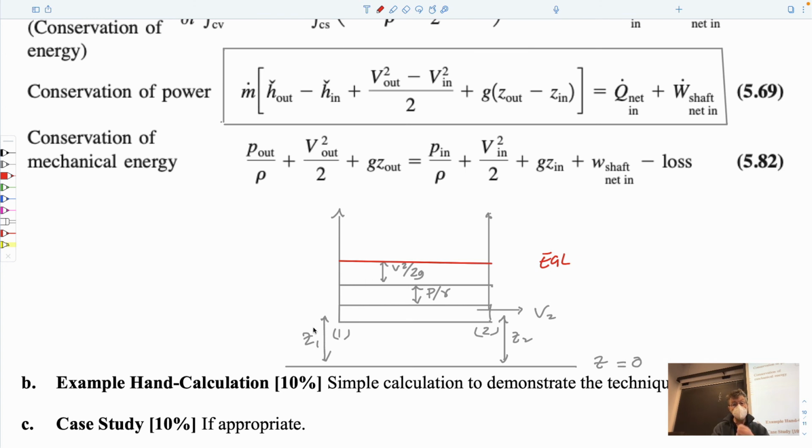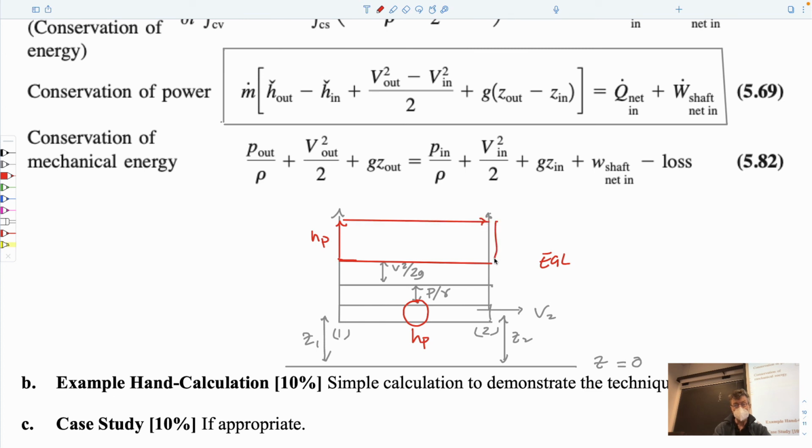If there's no frictional losses in the system, it has to be horizontal. This is Bernoulli's equation. If there are losses in the system, then we can provide a pump head, which takes this value upstream and adds a pump head, goes across here.